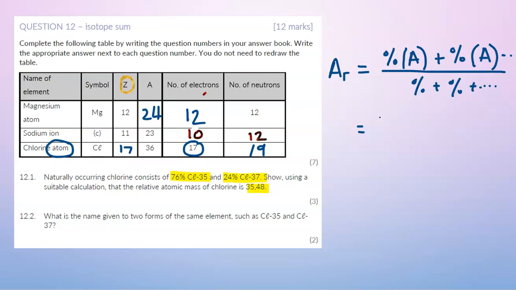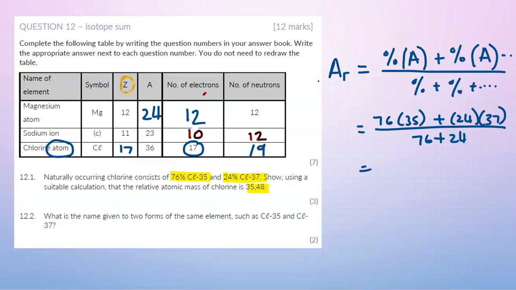Now we're just going to substitute. So we have 76 times 35. That's that first pair of information. And then we have 24 times 37. And we divide it by 76 plus 24. And it's a good idea to write it like this, because then you can double check that you actually have 100%.